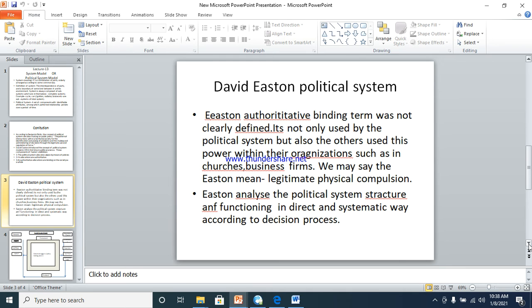These organizations are churches, business firms, hospitals, banks. So these independent organizations make their policies and implement their policies. No one can interfere in their powers or in their matters.